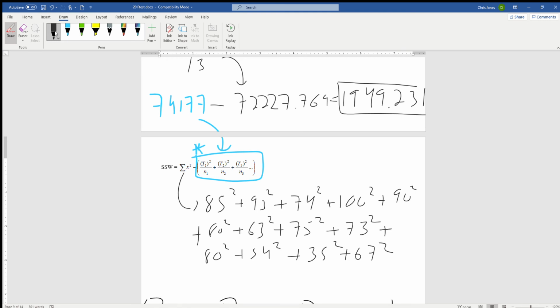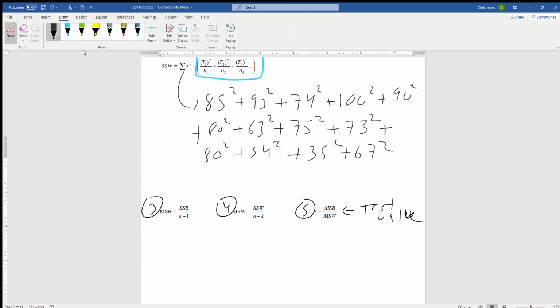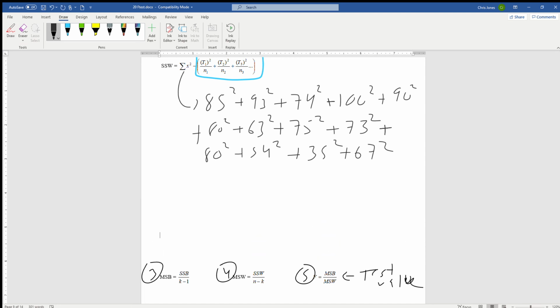I computed this prior to save time, and the sum of each observation squared is 75803.